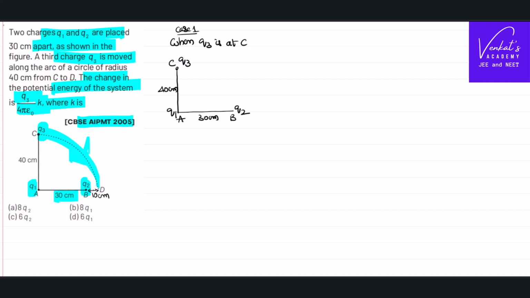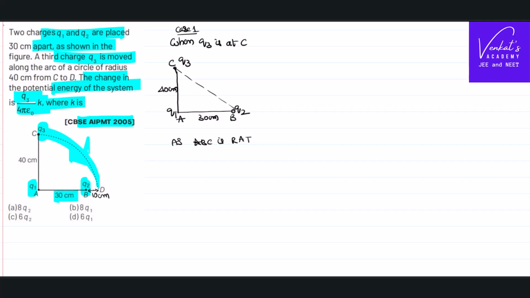So, to know the potential energy between every two charges, I need to know the distance between these two also. It is quite easy. ABC is a right angled triangle.